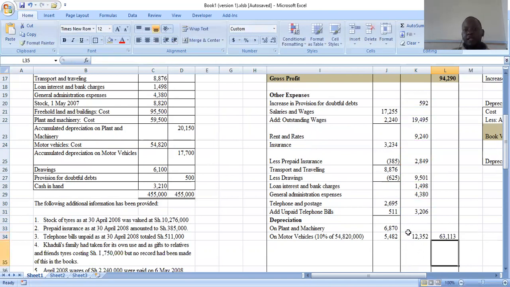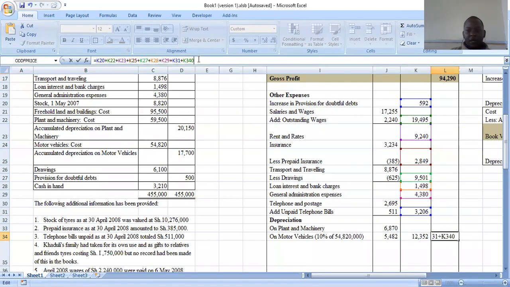So the total for the other expenses is equal to 63,300. Hapo kila mtu anaona hiyo? Yeah. Okay. So I deduct the other expenses from the gross profit. I put this in brackets.